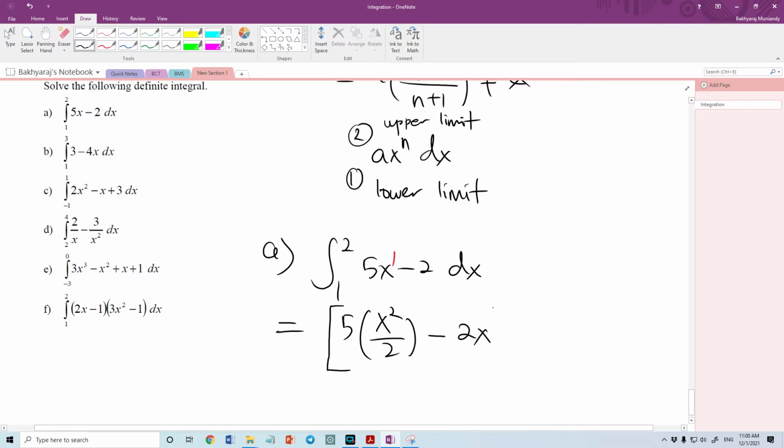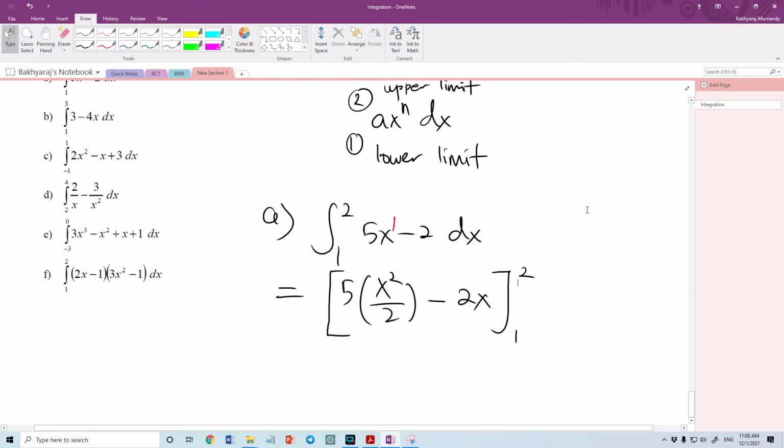You need to put a square bracket here, and the limits 1 to 2 you put behind it. You see, now we get a square bracket, and then the limits. Square bracket denotes that you need to substitute the value into the integration answer.